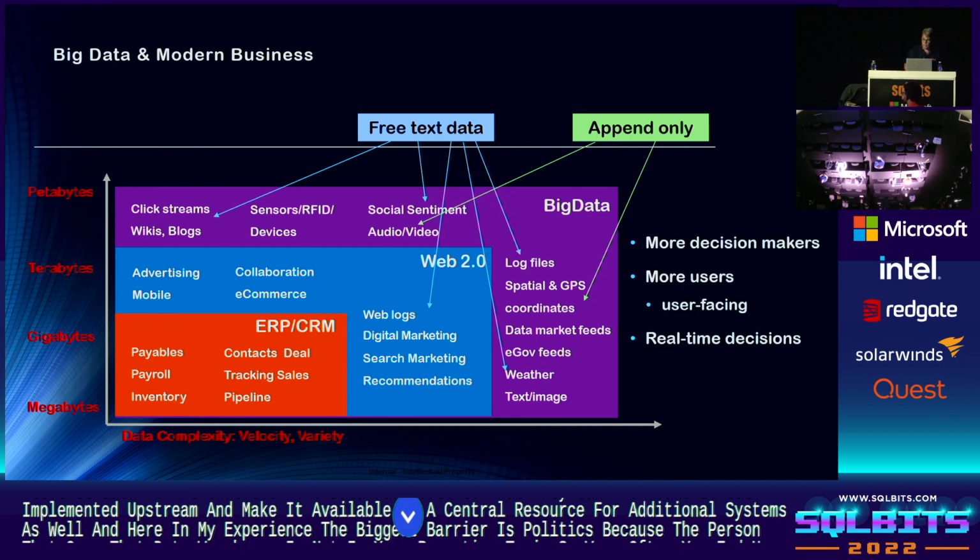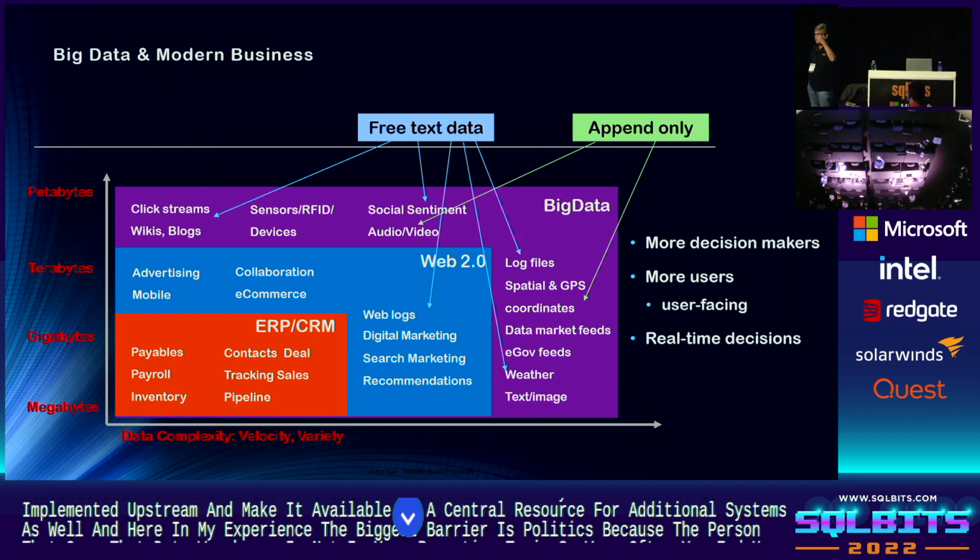And we also have a lot more decision makers of the data, or at least a lot more people that want to see the data, to see analysis of the data. Back in the day, you had a BI team of 4, 5, 6, 10 people creating reports, running batch jobs, and they gave these reports to the C-suite, and the execs were looking at it or not looking at it.